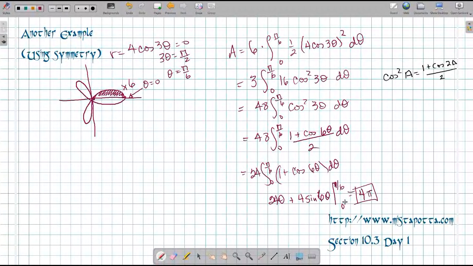So I have to use the formulas from geometry that we dealt with for sectors of a circle, rather than the formulas from geometry that we had for finding areas of rectangles. That's the main difference when we're dealing with polar areas.